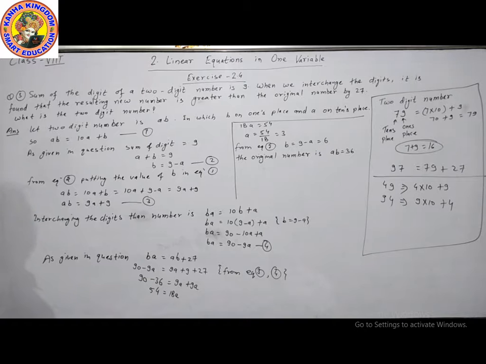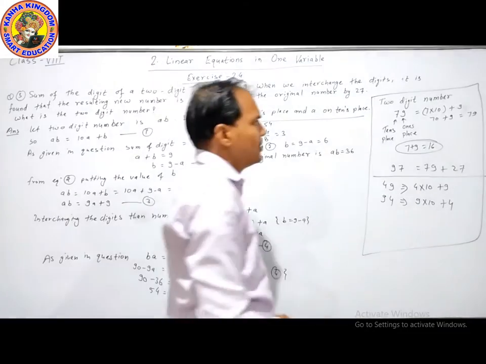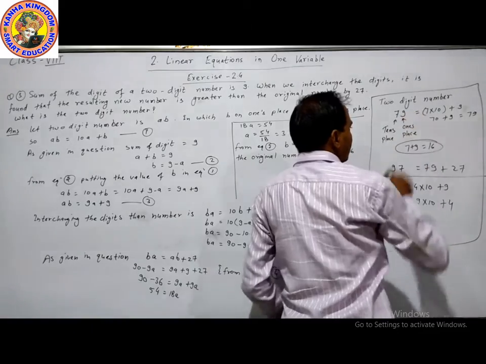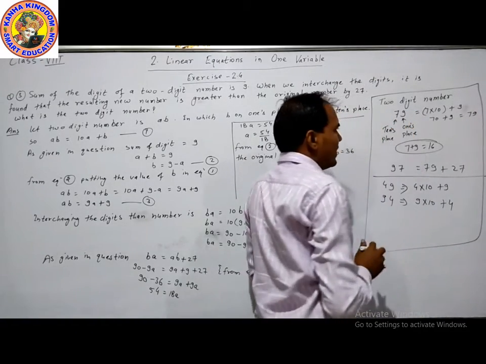Now let's take it from the beginning of the question. What is a two-digit number? A two-digit number is written as 79. Here 9 is on the ones place and 7 on the tens place.